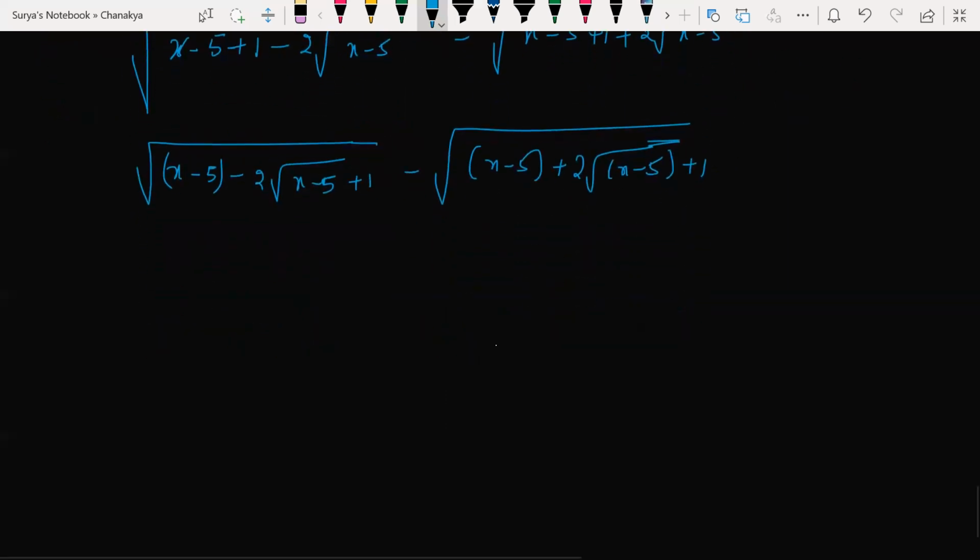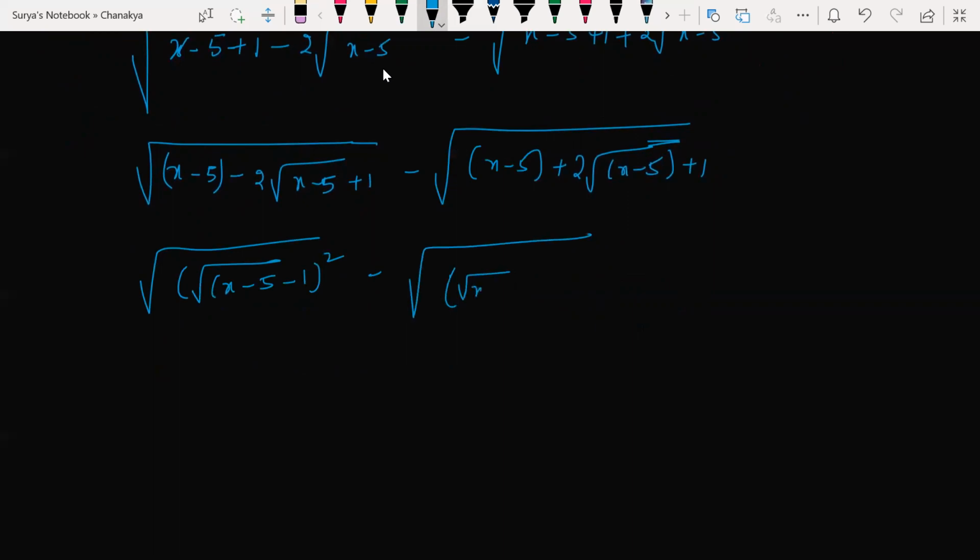All right. Now can I write this using the a minus b whole square formula? Square root of x minus 5 minus 1 whole square, minus square root of x minus 5 plus 1 whole square. Okay. This will get cancelled. What are you left with now, guys?